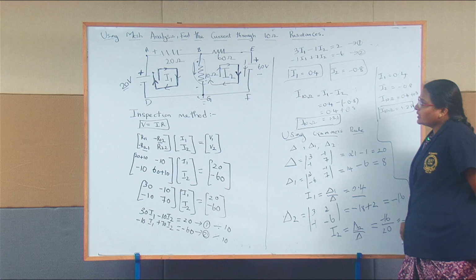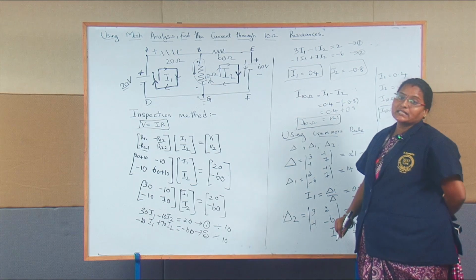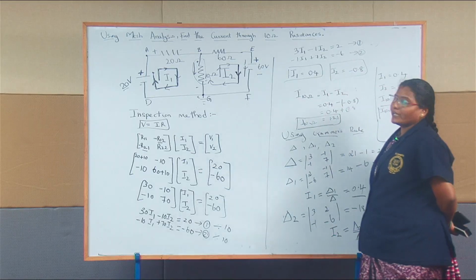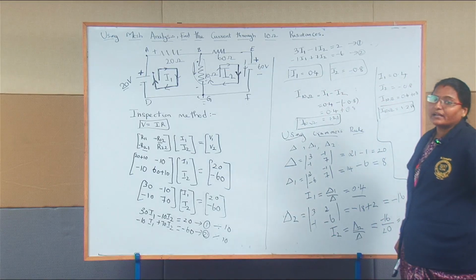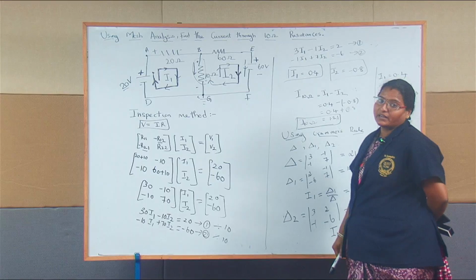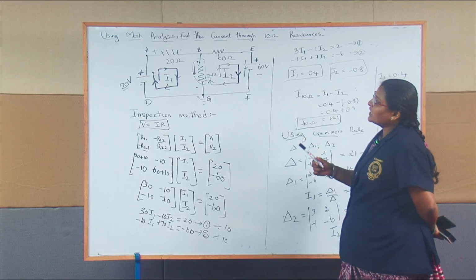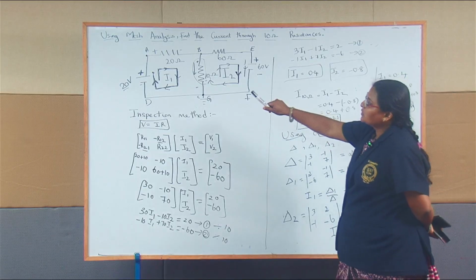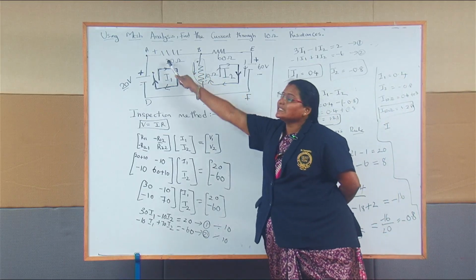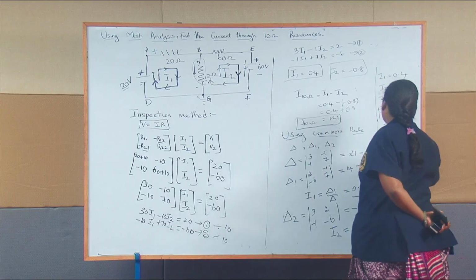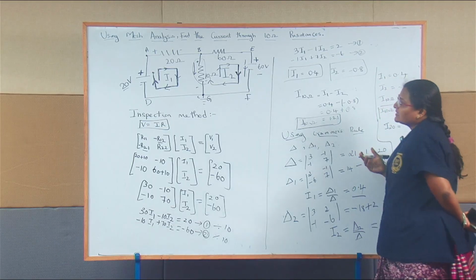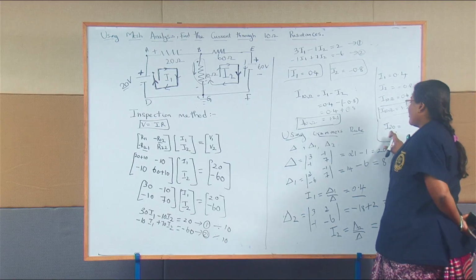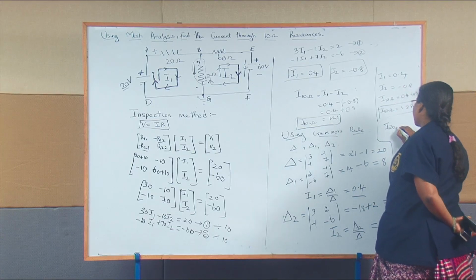Suppose in your question, they are asking what is the current flowing through this 20 ohm resistor. The 20 ohm resistor is an independent branch, an independent resistor. If you want to find the current flowing through this 20 ohm, it's nothing but the loop current I1, which is equal to the current flowing through the 20 ohm resistor.